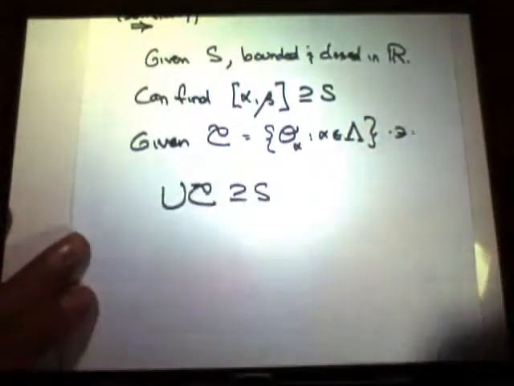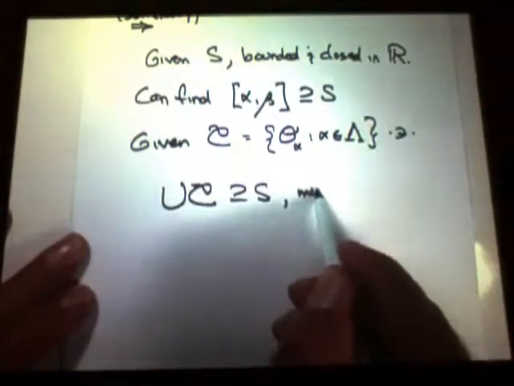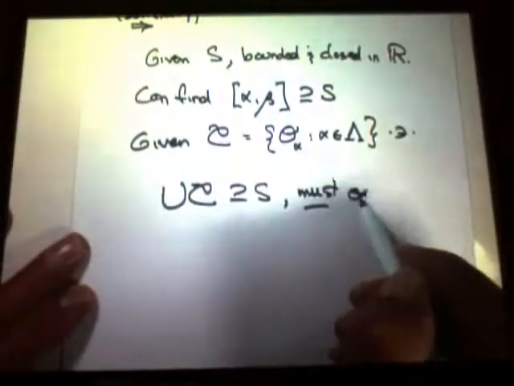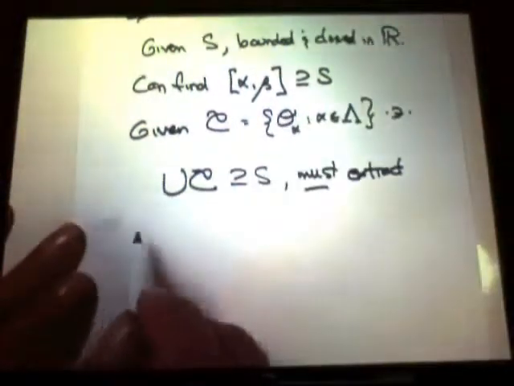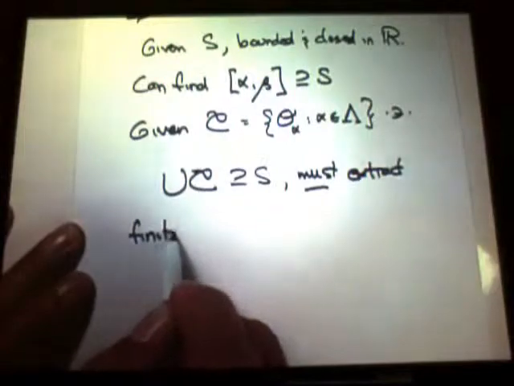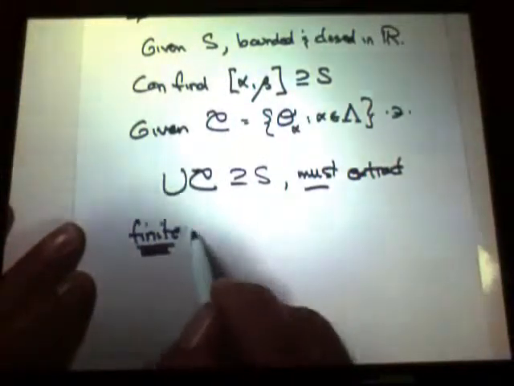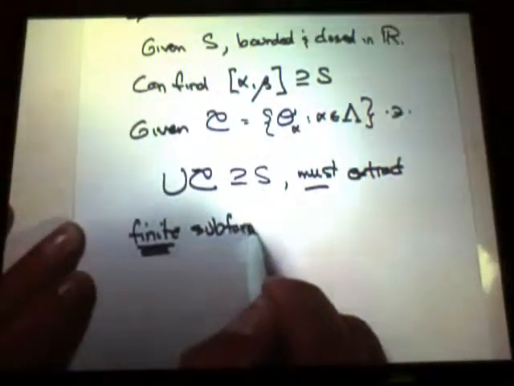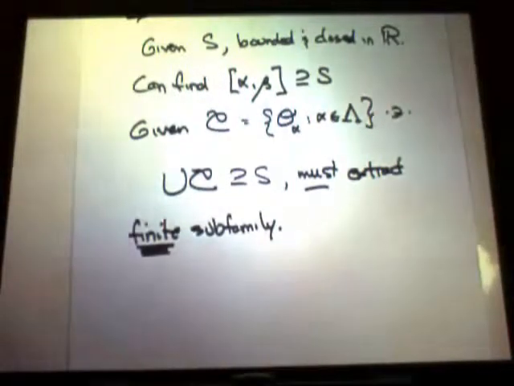Such that in their entirety, they contain S. Must extract a finite subfamily. So I'm going to go in and find only finitely many of the O sub alphas that still cover S.